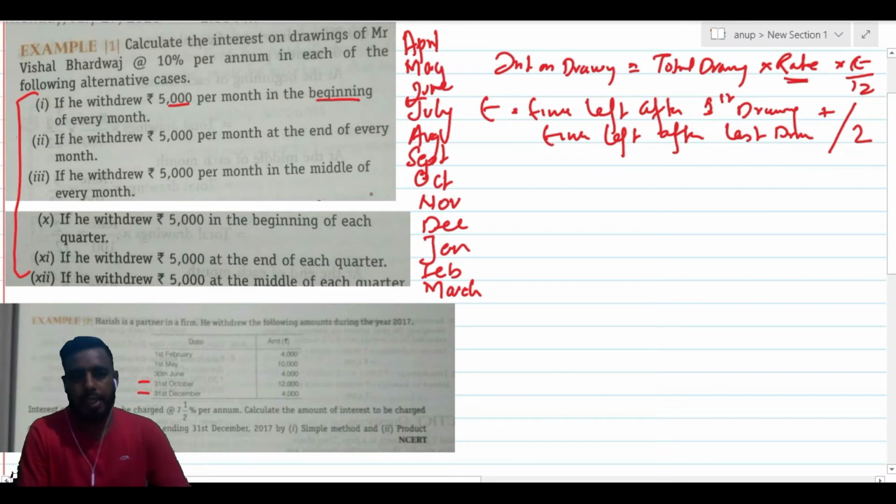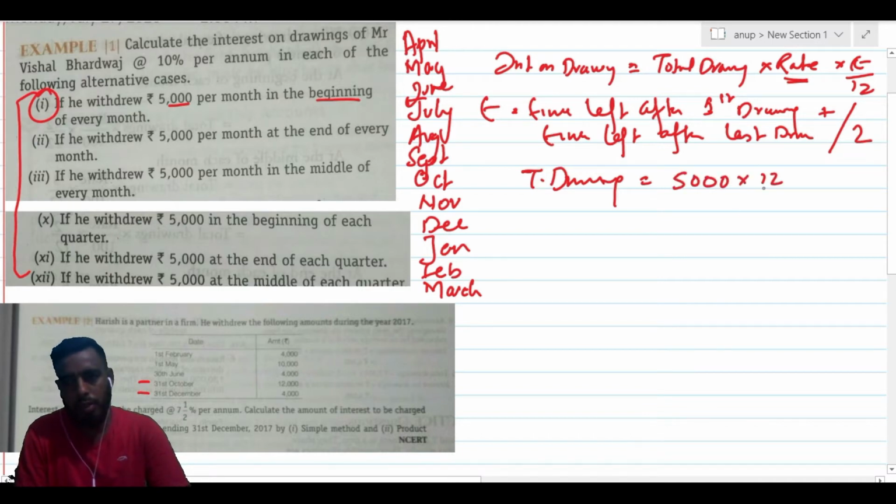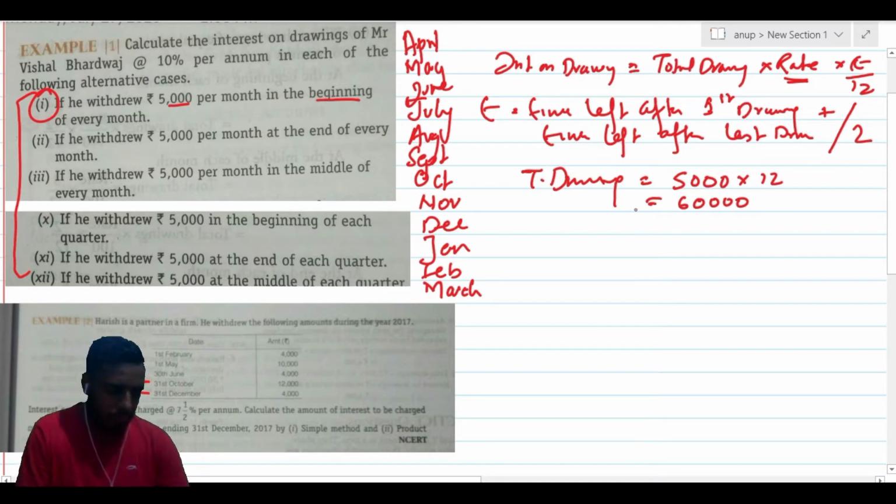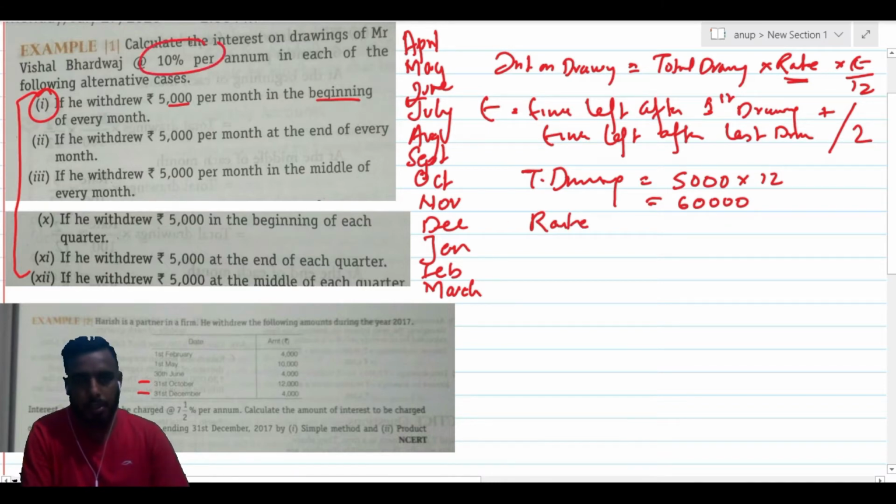So in this case, let us start with case 1 where he withdrew 5,000 per month. The total drawing will be 5,000 into 12, that is 60,000. The rate is given in the question: it's 10% per annum.